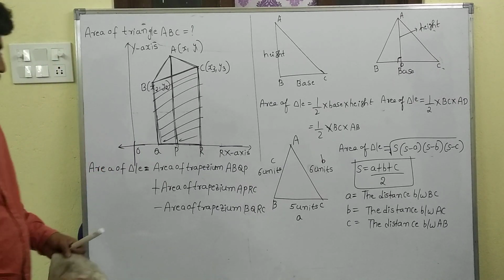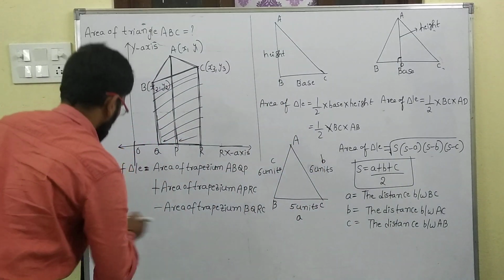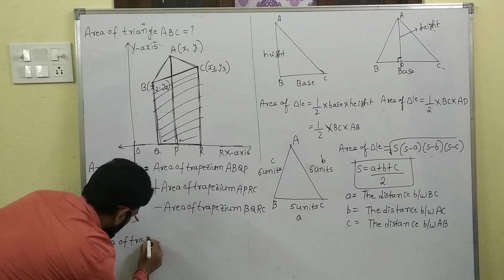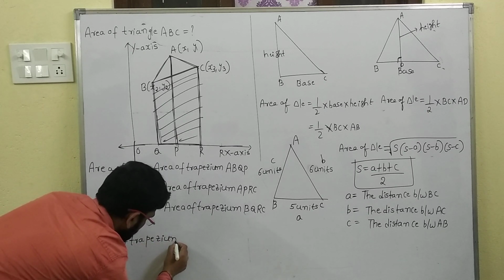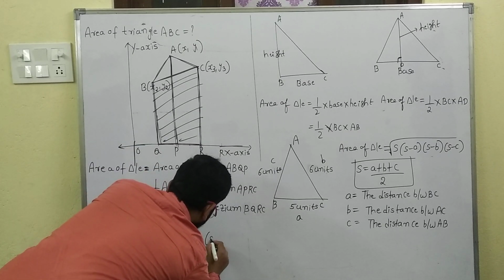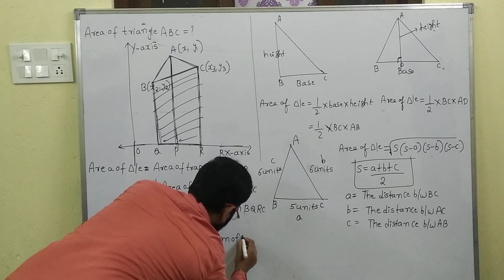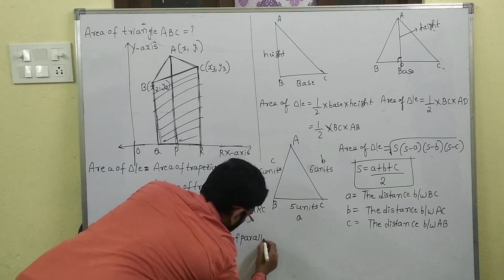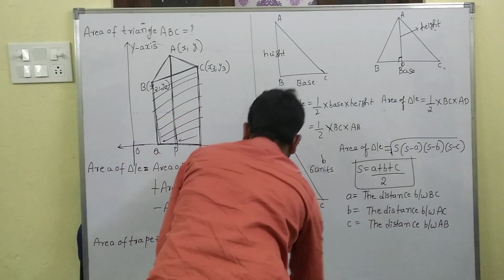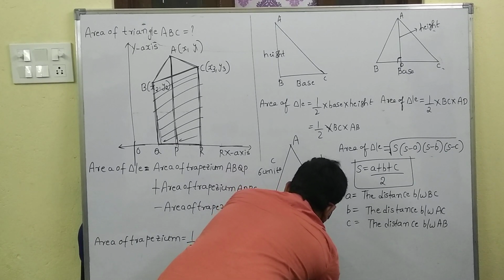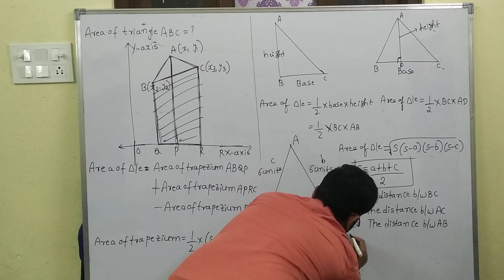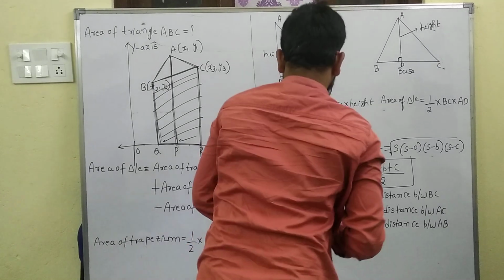Area of a trapezium is equal to half into the sum of parallel sides into the distance between them. How does that work?